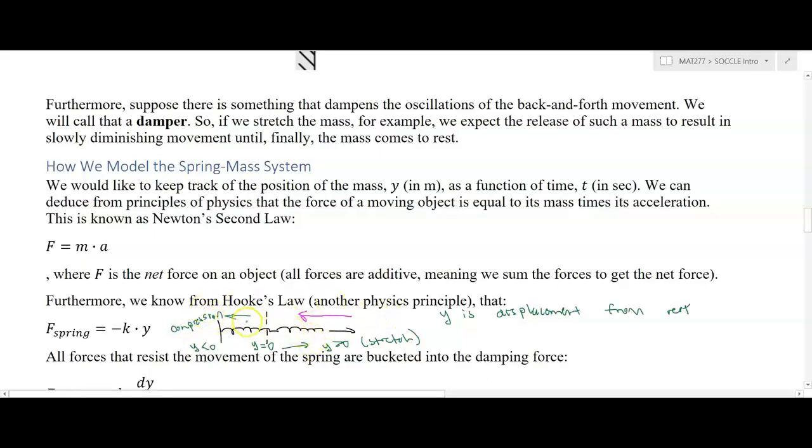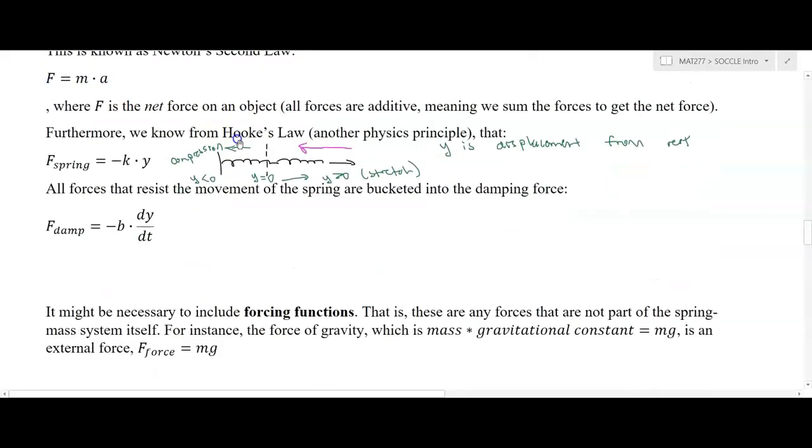Now, if you compress the spring, it wants to go the opposite direction. And the more you compress it, the stronger that force is in the opposite direction, which is really all Hooke's law is saying. Now, all forces that resist movement of the spring are bucketed into the damping force. So the damping force opposes velocity.